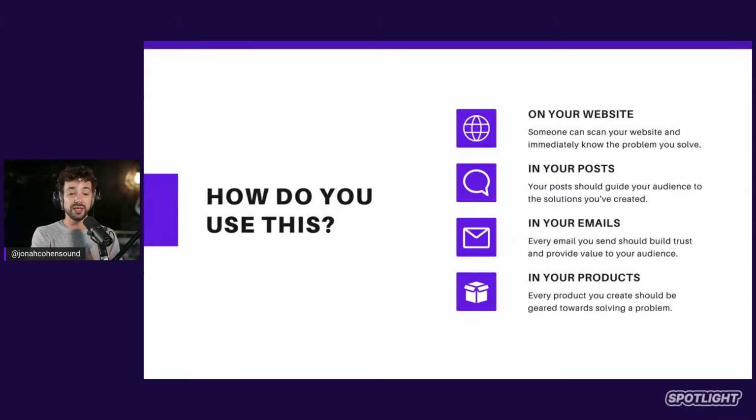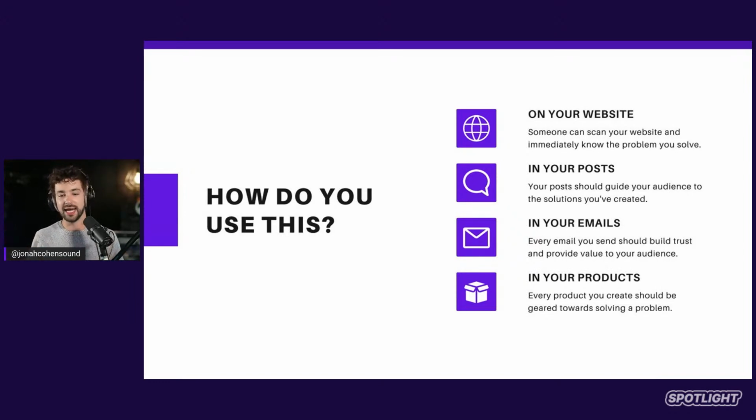So, how do we use this once we have it? Well, we're going to do an audit first and foremost, and keep it in mind as we build our business and our platform. Once you have your transformational phrase, go look at your website and compare it.